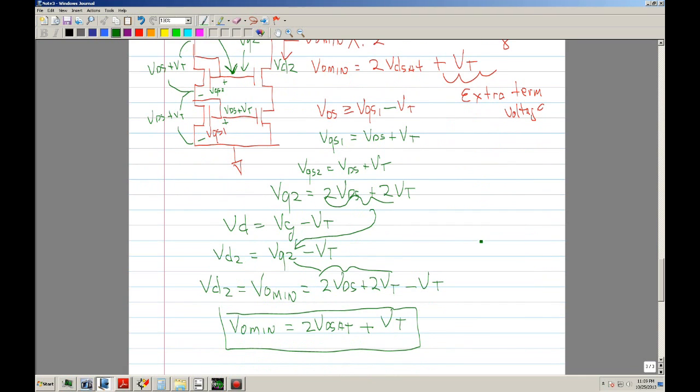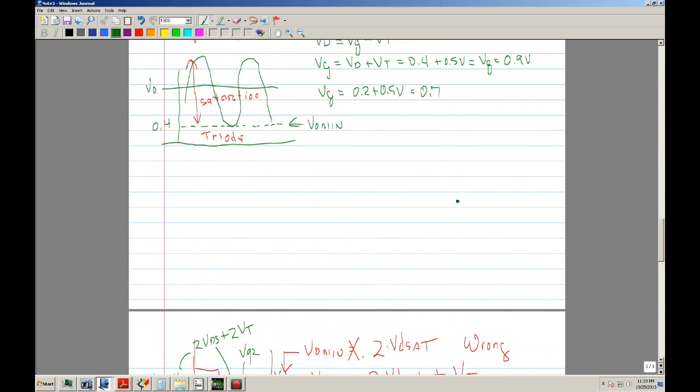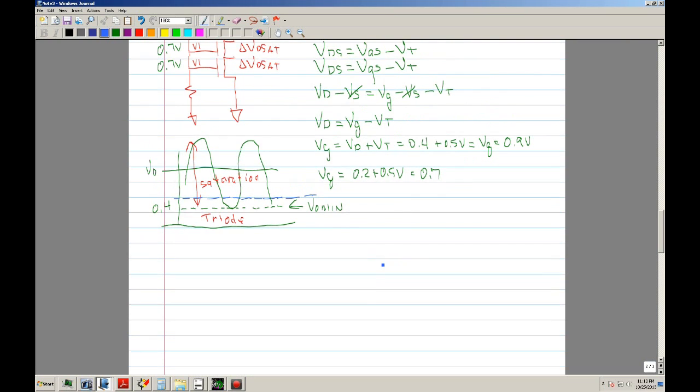So what's the big deal? Well, where you're using a regular Cascode, you have this voltage, now you have an extra term, meaning that you're eating up into the range that you can use this current mirror.